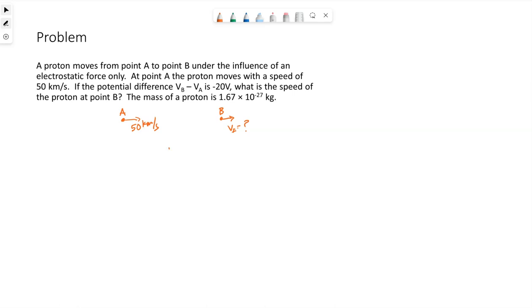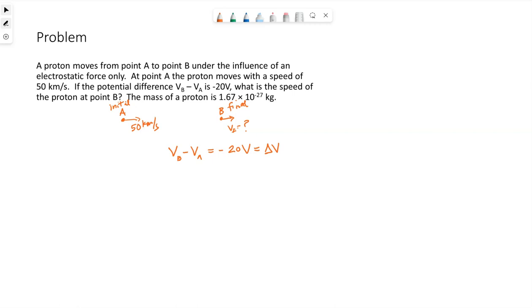We're told that the electric potential or voltage at point B minus the potential at point A is negative 20 volts. So A is my initial, B is my final. Since the way this is worded is VB minus VA, this negative 20 volts is delta V.